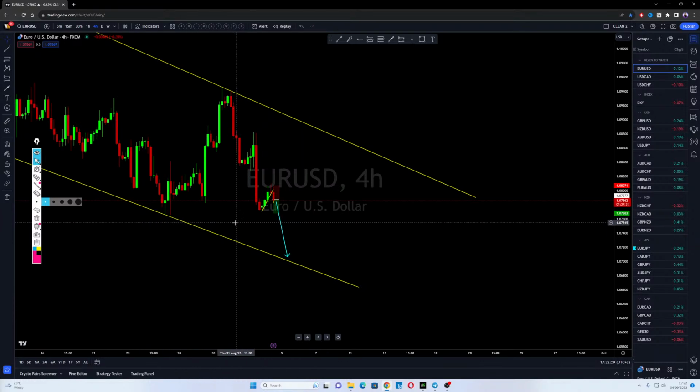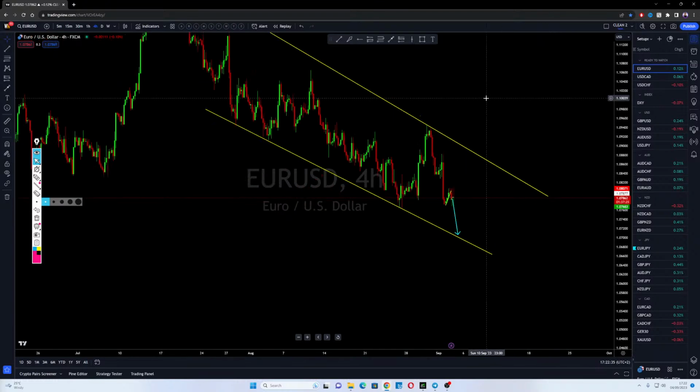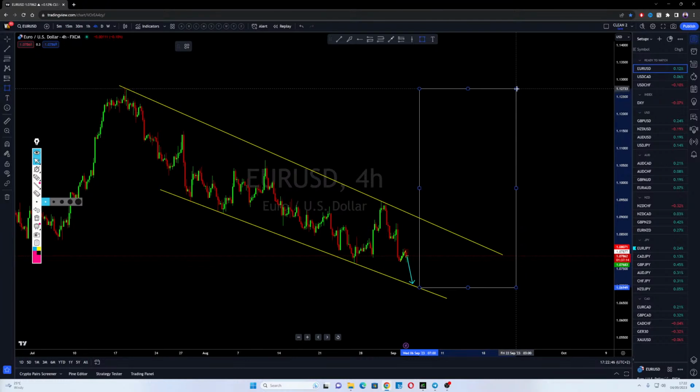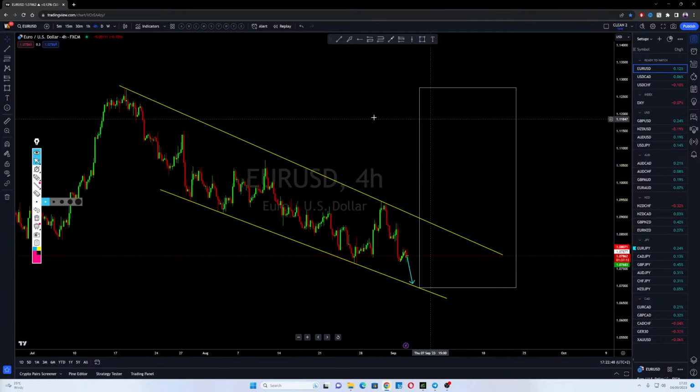This is where I will start removing profits and building new buy setups, buy swings. I will be swinging to the upside from this low all the way up to this top. This is my next upcoming potential target, all the way to this previous top.